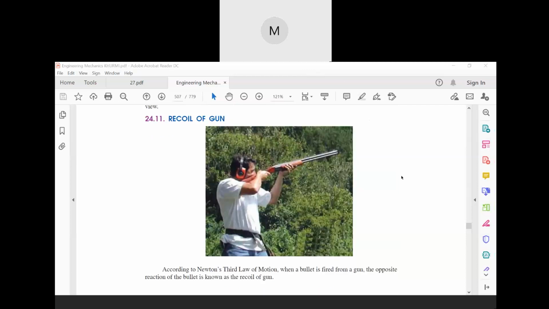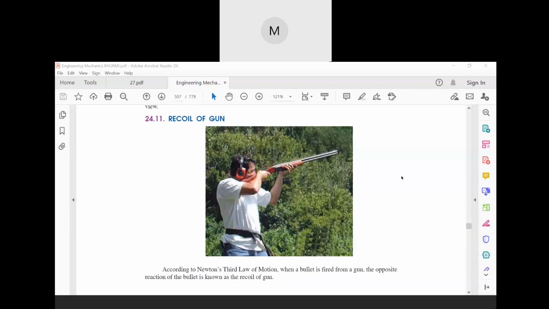Now suppose you are firing a bullet, okay, what happens is that you fire a bullet and the bullet goes at a particular speed. Now the bullet reaches a particular speed and then the gun recoils back, right? If it recoils back, that means what? It is giving a backward push.